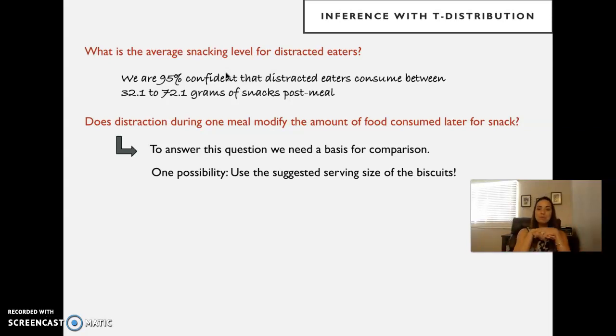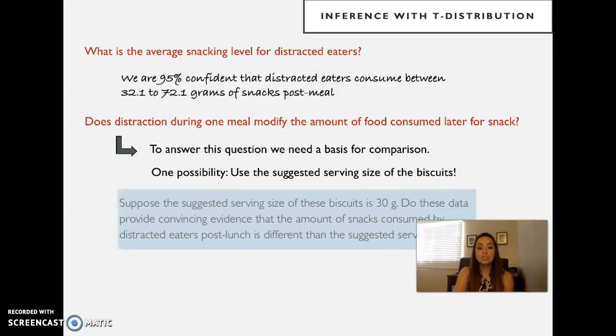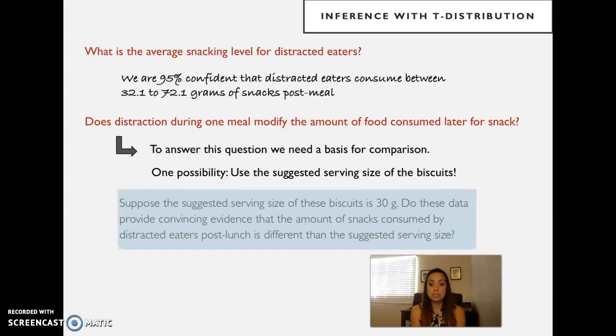If people in general in the population would eat the serving size, do people that get distracted on one meal eat more than the serving size on the next meal? So suppose the suggested serving size of these biscuits is 30 grams.